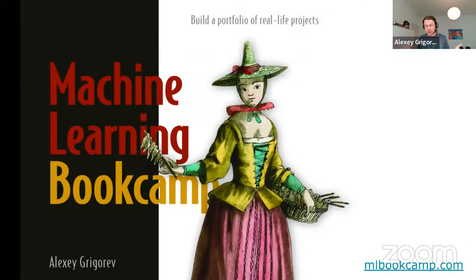This course is based on a book. I wrote this book some time ago, like 4 and a half years ago, maybe 5. You don't need the book to do the course, but if you decide to have some supporting material as you go along, it's a good idea.